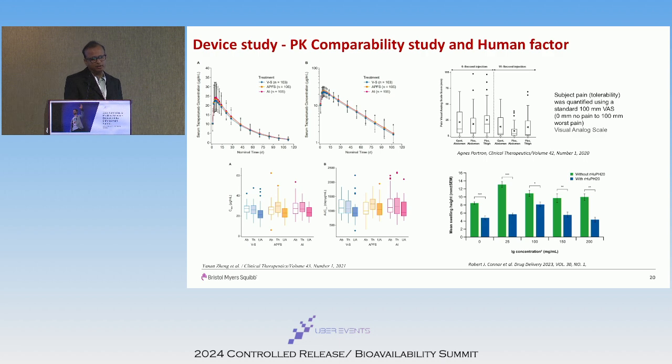On the right-hand side, we use different techniques, but one of them shown here is the VAS, the visual analog scale, which measures the pain in patients using different kinds of devices, and based on that we know which is less painful. This is for optimization of the study. In the bottom right curve, the green one is without the Halozyme technology, and the blue one is with the technology. So obviously the pain has been reduced.